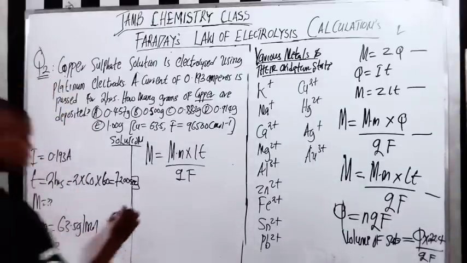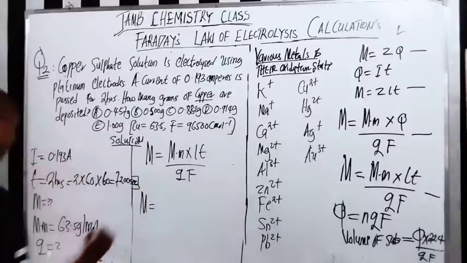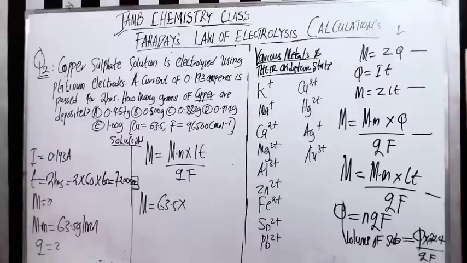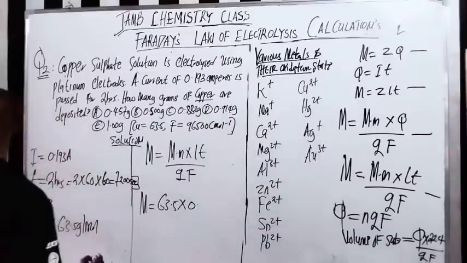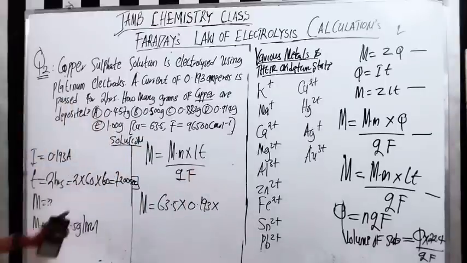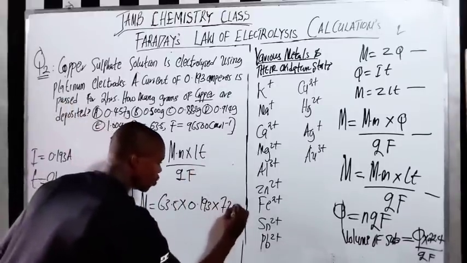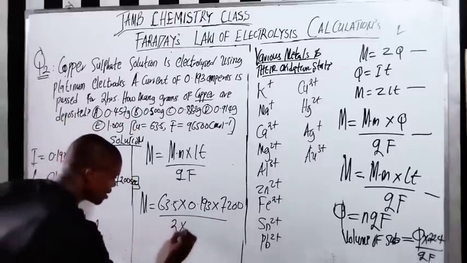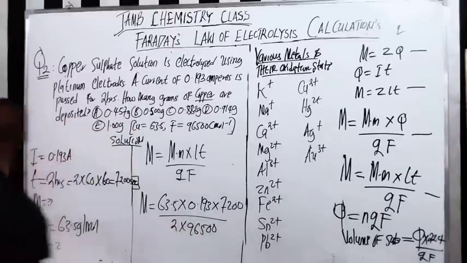So the mass equals the molar mass, which is 63.5, times I, which is 0.193, times T, which is 7,200, over Q, which is 2, times 96,500.